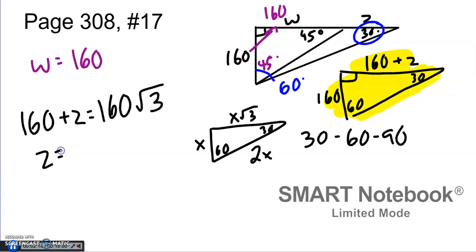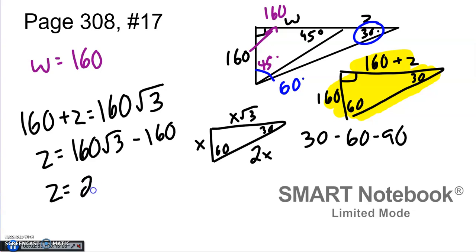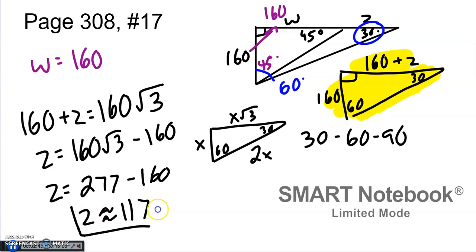Now to solve for it, we get 160 root 3 minus 160 is going to be equal to z. When you plug in 160 root 3 in your calculator, you get about 277. So we subtract 160 from that, and we get that z is equal to about 117.